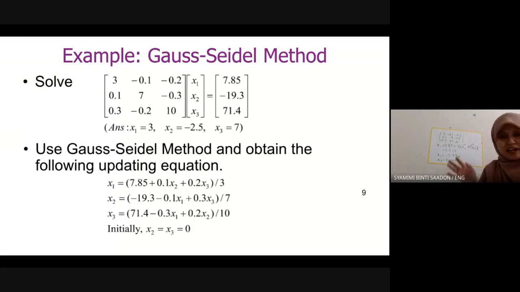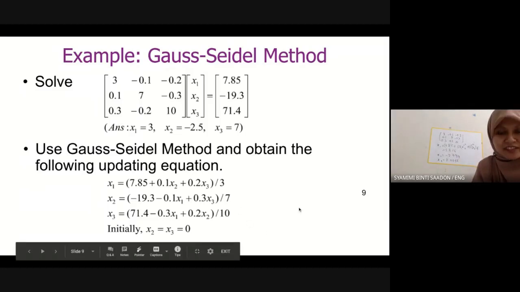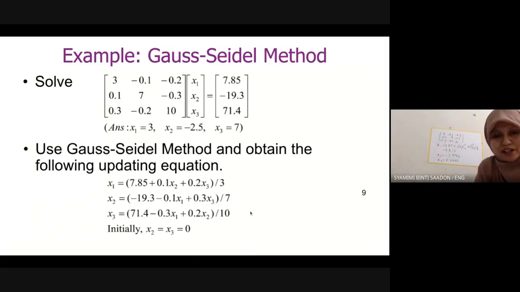We get an epsilon error of maybe 0.30 percent, and only after 2 iterations we assume that is the correct solution. Try to calculate by yourself later on, just 2 sets of iteration, and you should approach 3, minus 2.5, and 7.